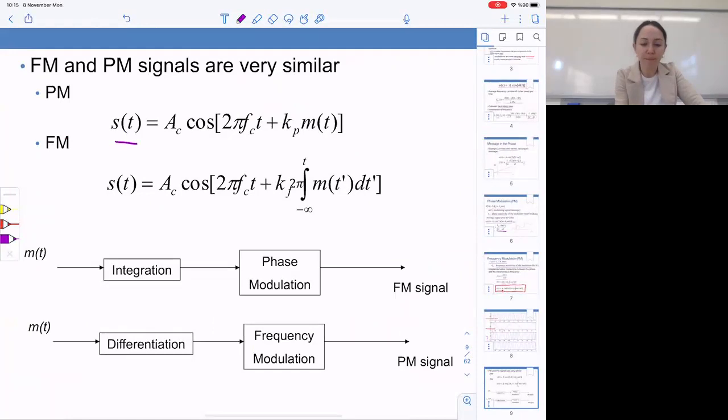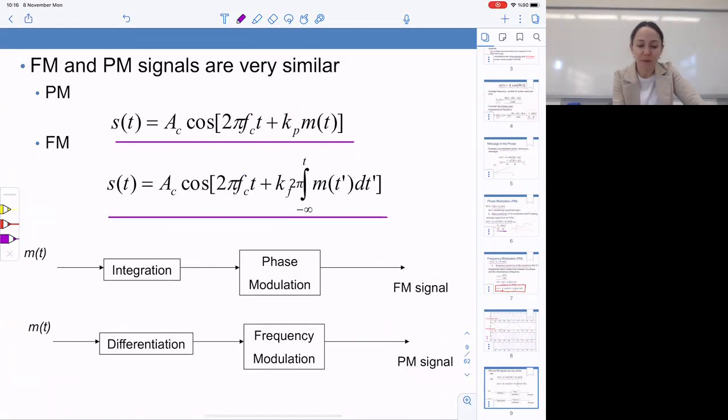Now, PM is this. It's easier to express analytically, kind of harder to see visually. And FM, in contrast to PM, is harder to express analytically, easier to see visually.